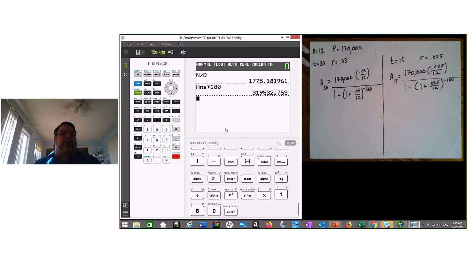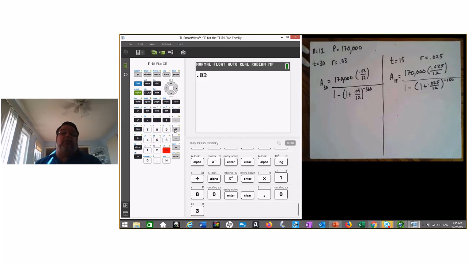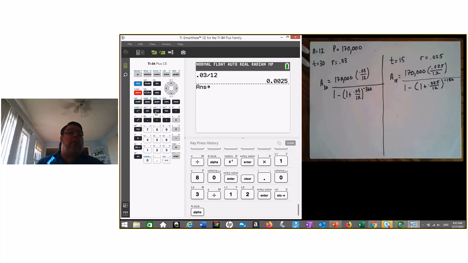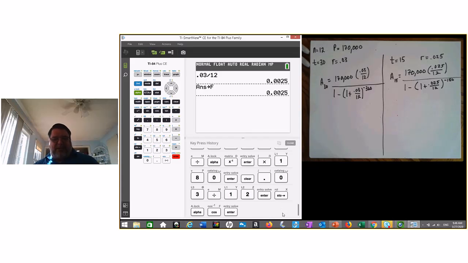All right, so I'm going to clear this, and I'm just going to redo my fraction. 0.03 divided by 12. And I'm going to store that, alpha F. The reason you see me going down here in the right-hand corner all the time is because in my classroom, the calculator is this big and the enter key is down here.